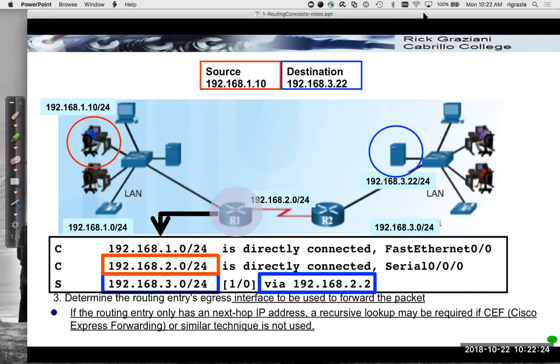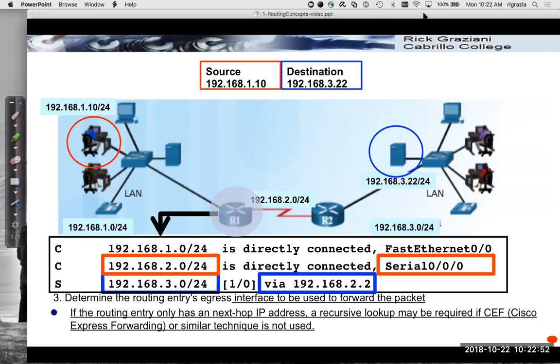So the router would say, it's going to go to 192.168.2.2. Where is 192.168.2.2? Oh, there it is, I have that in my routing table. It actually looked that up just like it looks up a destination IP address. And because it's a directly connected network, which is usually how these things would happen, it would find that it's a directly connected network, and that it's going out serial 0/0/0.